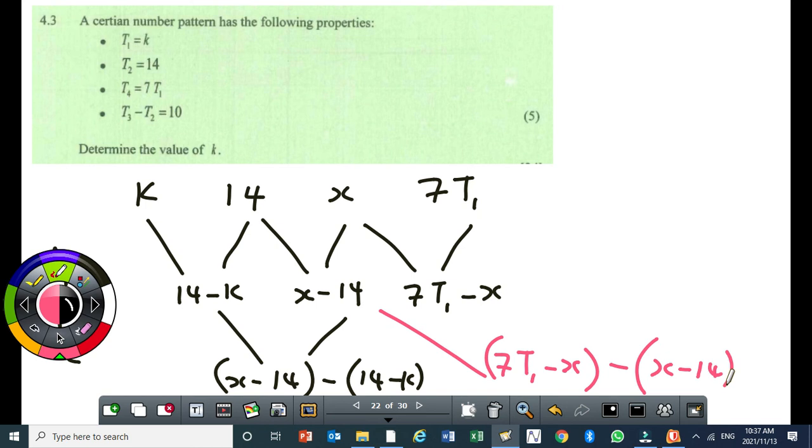Right. But the good thing is, what is T1? T1 is equal to what? It's equal to K. Which means where I put T1 there, I can put what? I can put K there. Where there's T1, I can put K. So be aware of this, that your T1 is equal to K. So T4 is going to be equal to 7K.